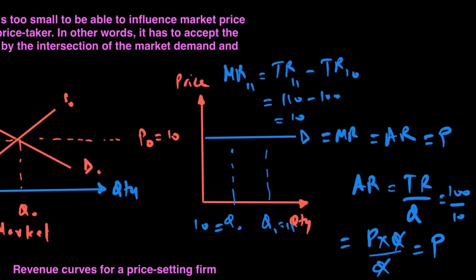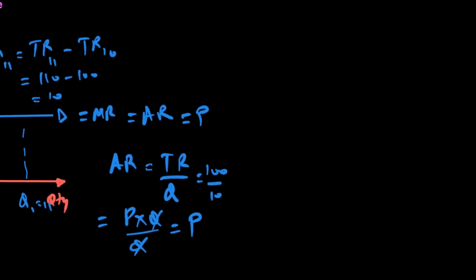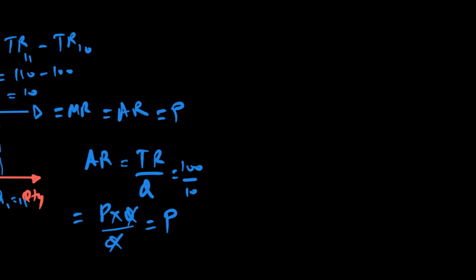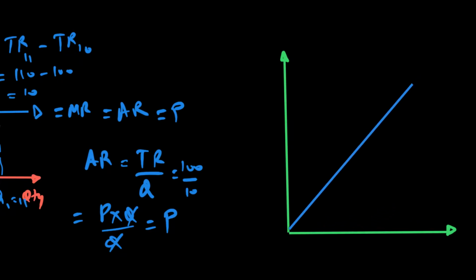The last thing that we want to talk about is simply the idea, what about our total revenue? And that's where I'm going to draw this kind of a diagram. For total revenue, we will look at a line that comes from the origin but will be upward sloping. Something like this will happen for my total revenue. Why is that so?